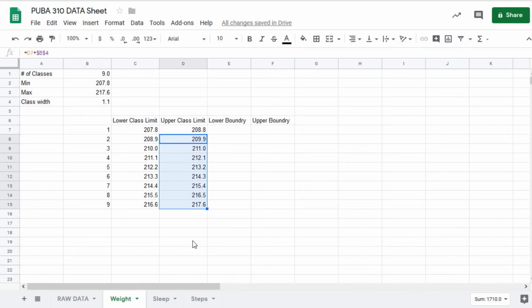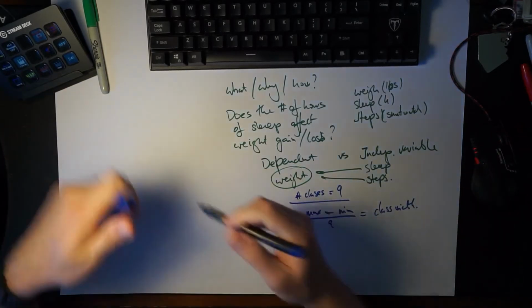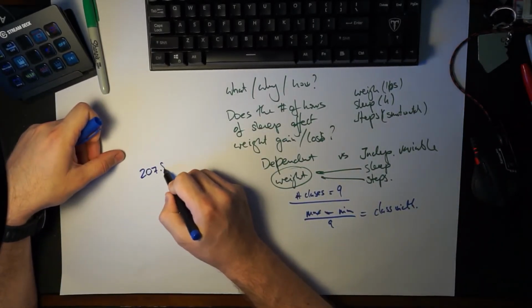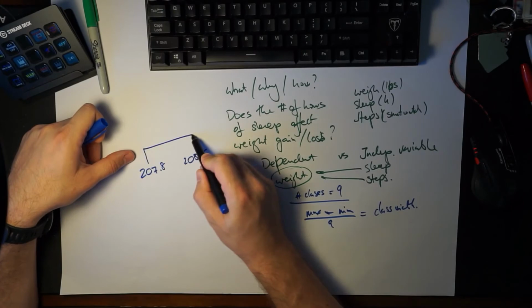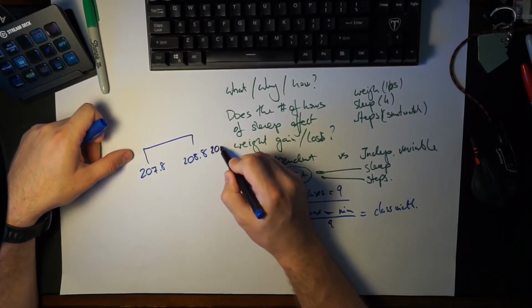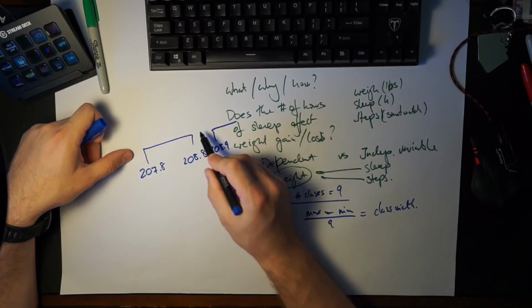Now, if we have done everything correctly, this number is going to be equal to or greater than the maximum value we have here. Lower boundary and upper boundary are numbers that divide the classes apart. So this means that if we have a class from 207.8 to 208.8, the next class starts at 208.9, and we have this little gap here.